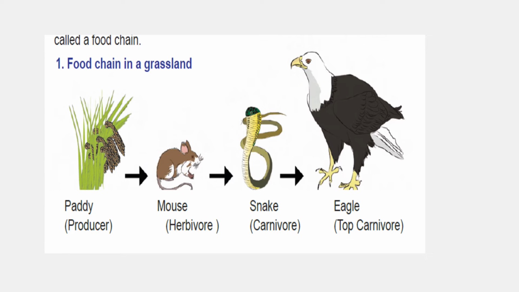So now the snake and eagle are secondary consumers, but they are named as first level carnivore, and that is eaten by top level carnivores. I hope you understand. So this is food chain in a grassland. Are you clear? In the previous presentation we learnt food chain in a pond, that is an aquatic plant. Here it is a grassland example. I have given it just for comparison.